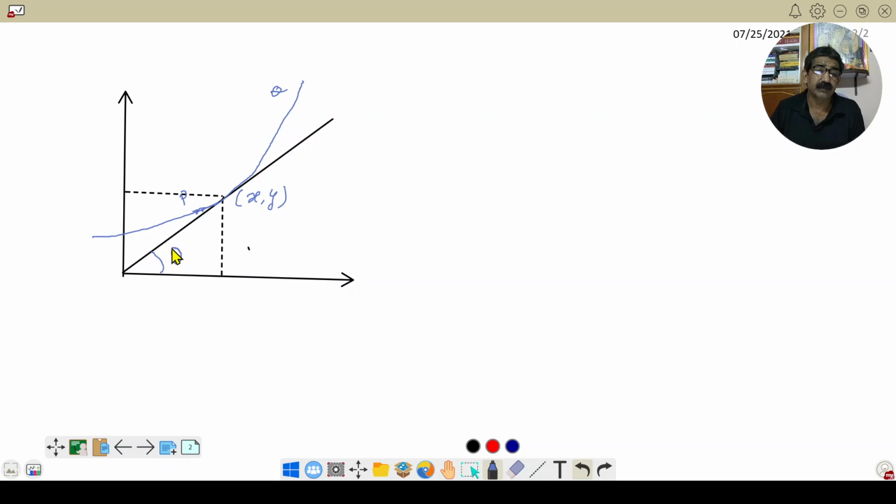This is theta. Okay. So the Q point has approached the point P, and the difference between Q and P was delta X, and now delta X is very small. The separation between P and Q, delta X, is very small.